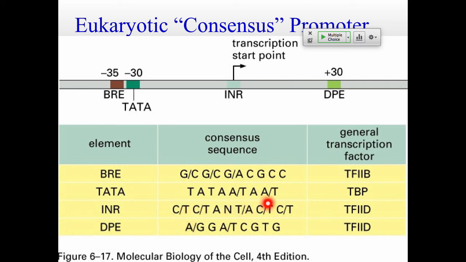One thing you might actually notice here, though, is that TFIID is interacting with this INR and this DPE. But wait a minute. TFIID is bound to the TATA box way the heck over here. How do you get from 30 nucleotides upstream to 30 nucleotides downstream? How do you do that?